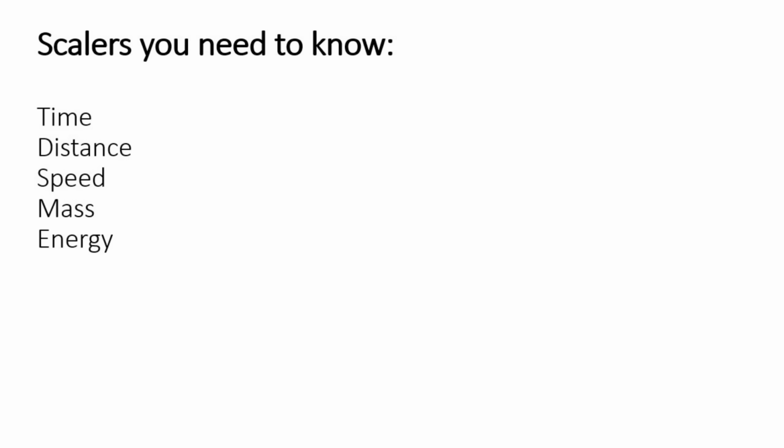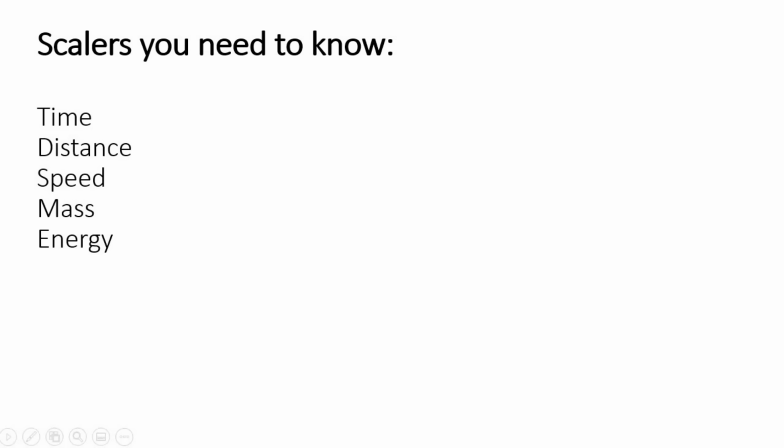Like if you tell someone, hey man, how far did you walk today? They're going to say 3 kilometers, but you're not going to necessarily say 3 kilometers to the right or 3 kilometers to the left. With distance, you just give the actual magnitude or the size, the value. Speed is another one. Hey bro, how fast did you run today?